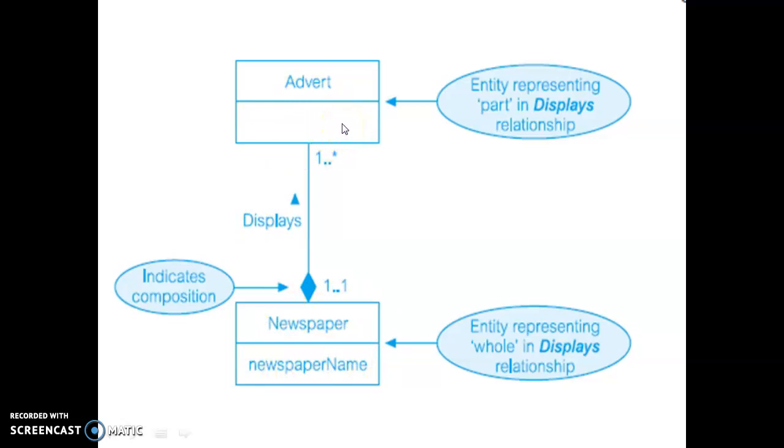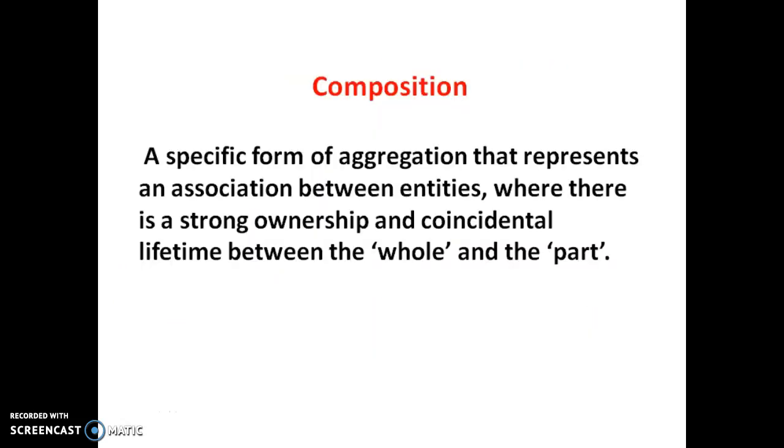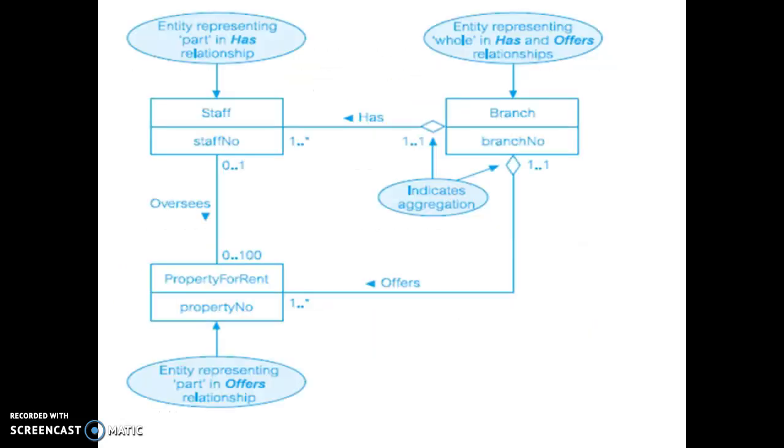This is in contrast to aggregation, in which the part may be shared by many wholes. That is, a staff may be a part of one or more branch entities. This is in aggregation.